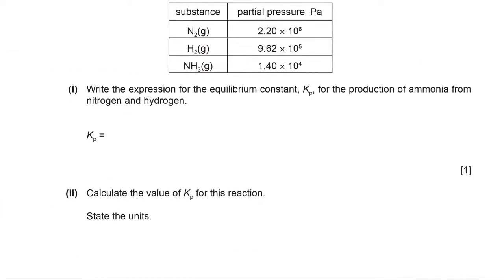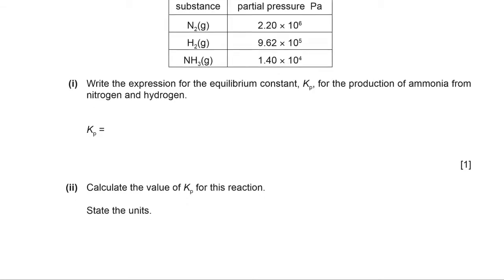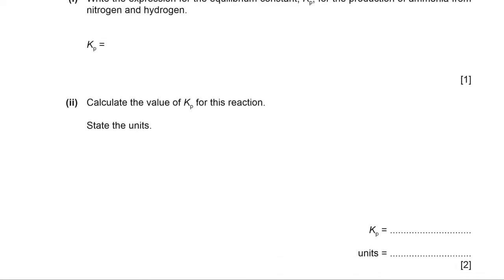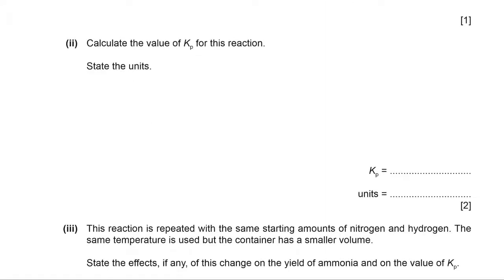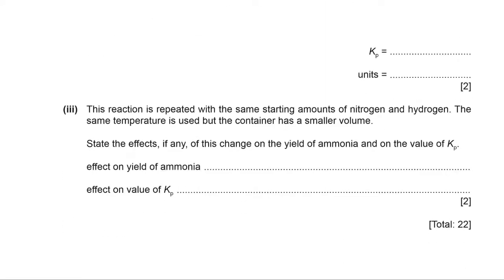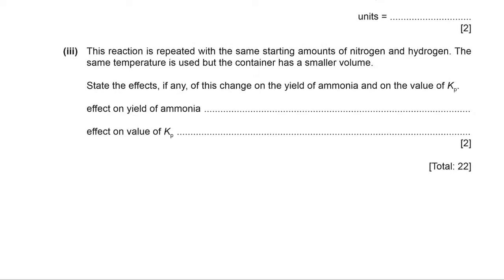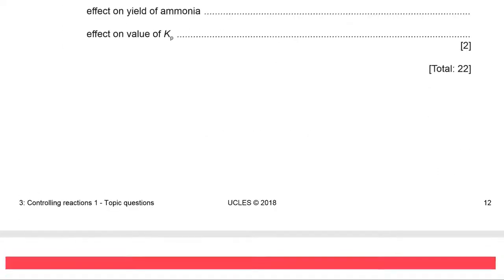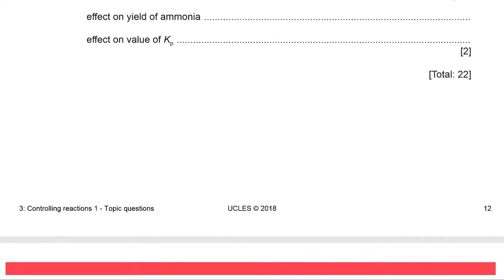Then you will calculate the Kp. First of all, you need to write the expression, then find the value of Kp with its unit. Here, the effect on the yield is totally similar to question number 1.